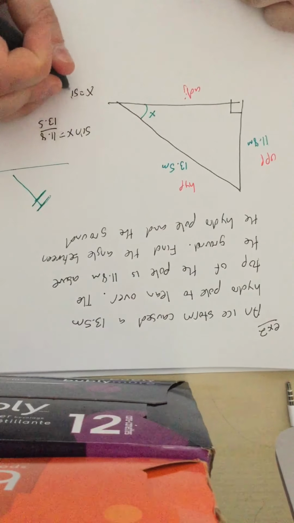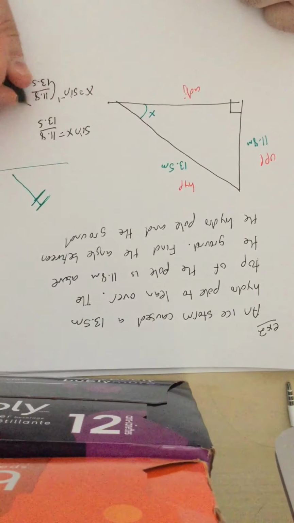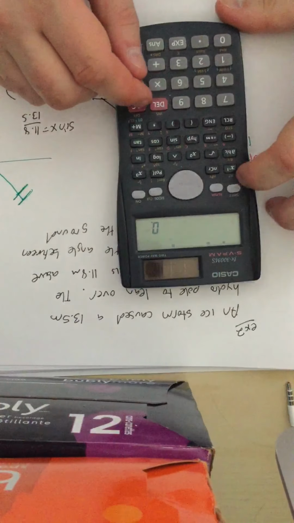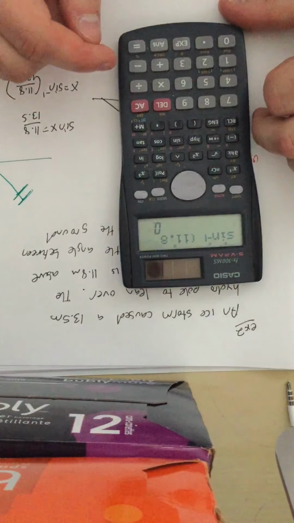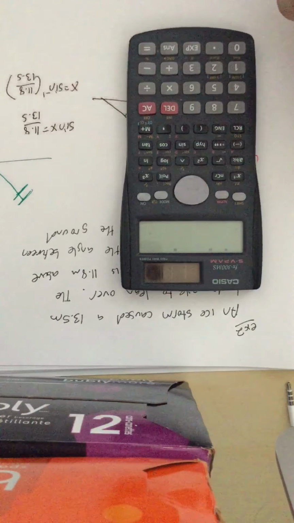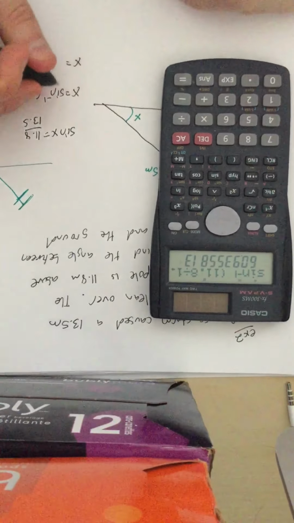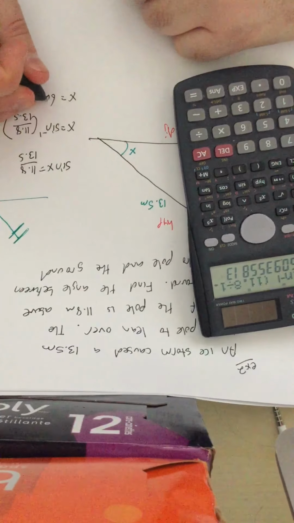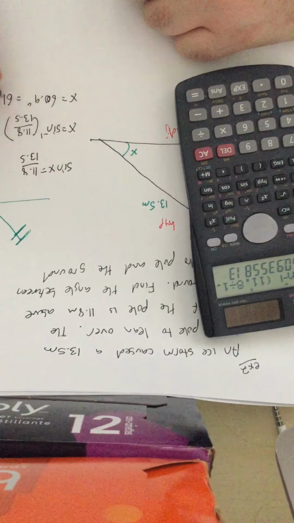So x is equal to the inverse sine of 11.8 over 13.5. Inverse sine of 11.8 divided by 13.5. So it's 60.9 degrees, which we're going to round to 61 degrees.